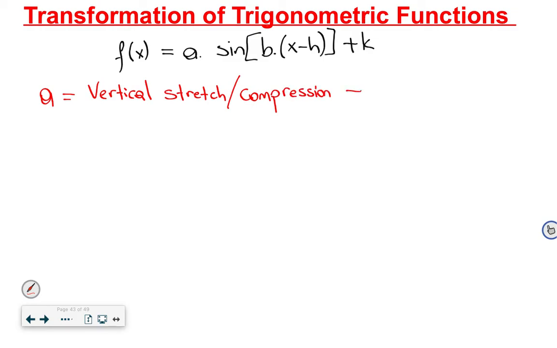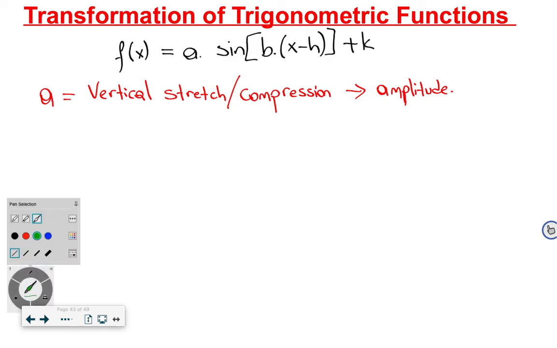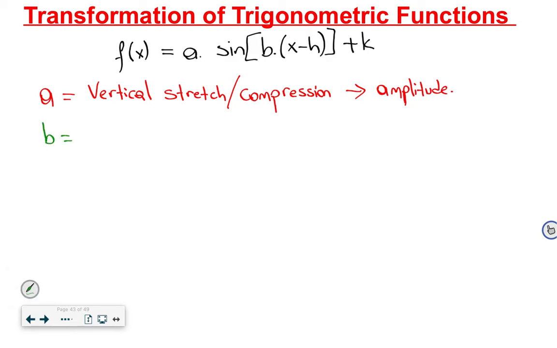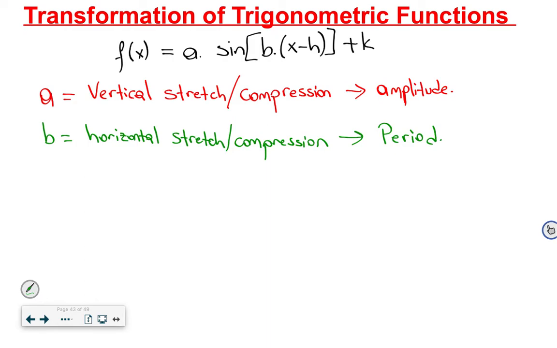On the other hand, this is going to stand for amplitude. b stands for horizontal stretch or compression, and this is going to change the period of the trigonometric function.